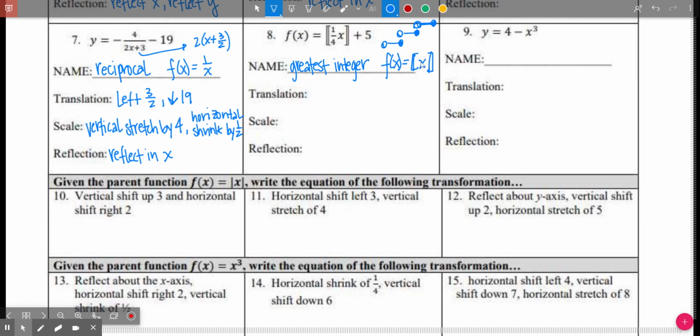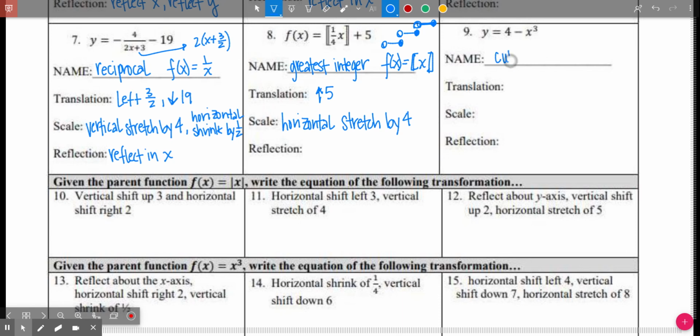So based on this parent function, what kind of transformations do we have? Well, we have a horizontal 1/4 inside, which means it is a horizontal stretch by 4 because it's the opposite, and I have shifted up 5 units.